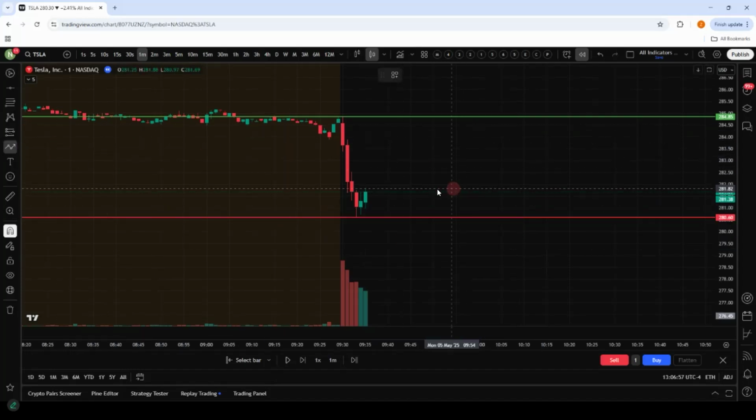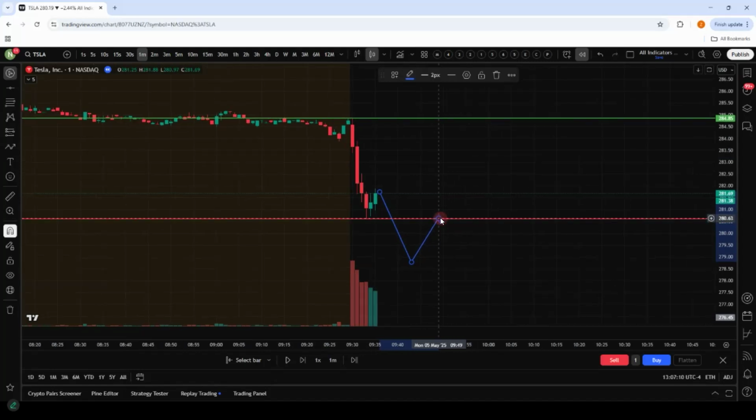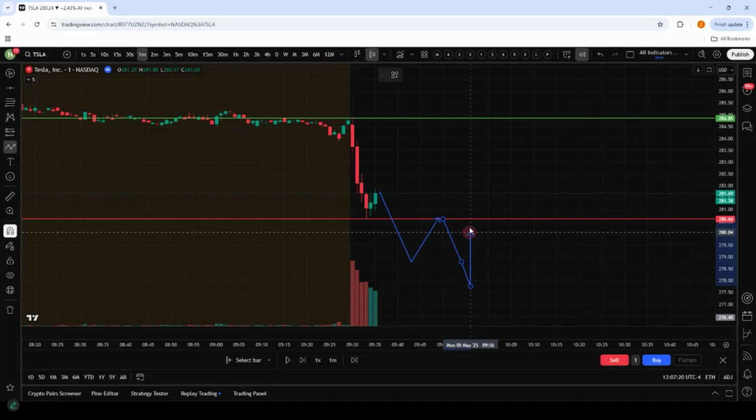And now basically what we're going to want to see is this price point either breaking this red line with displacement, retracing back, showing a bearish candle, and taking the trade down to the low of day and further to reach our 2-for-1 risk to reward.